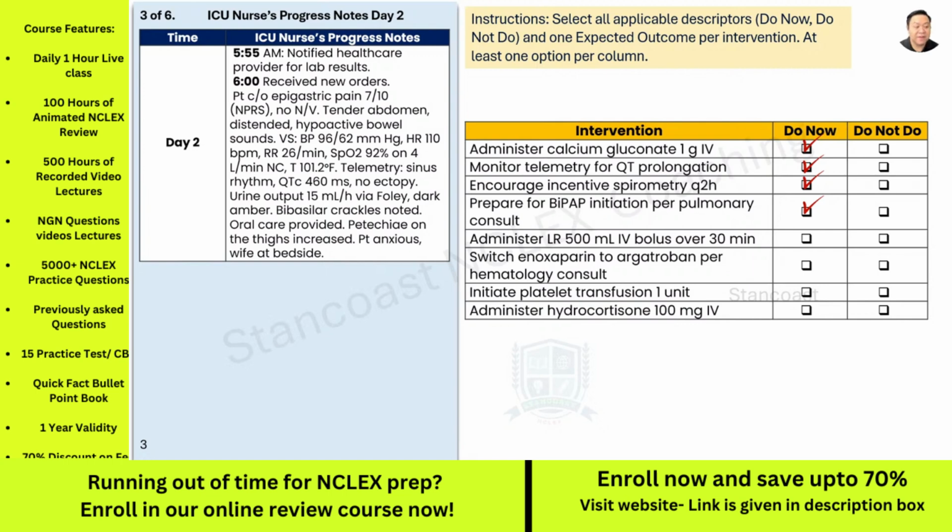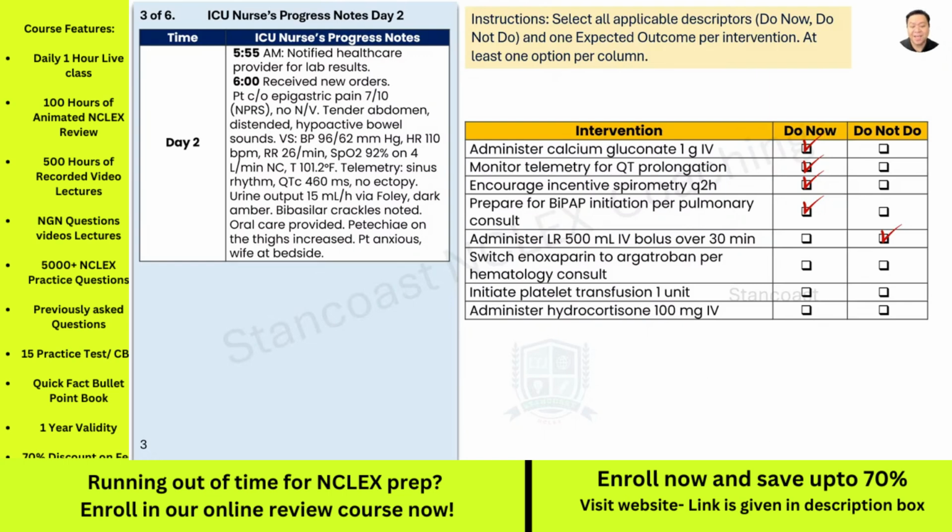Now, another intervention is administer lactated Ringer's 500 mLs IV bolus over 30 minutes. What do you think about this? This is do not do. We're not going to administer a fluid bolus at this point because it's not ordered and the patient is showing early fluid overload signs. There's also impaired oxygenation. There's presence of crackles.